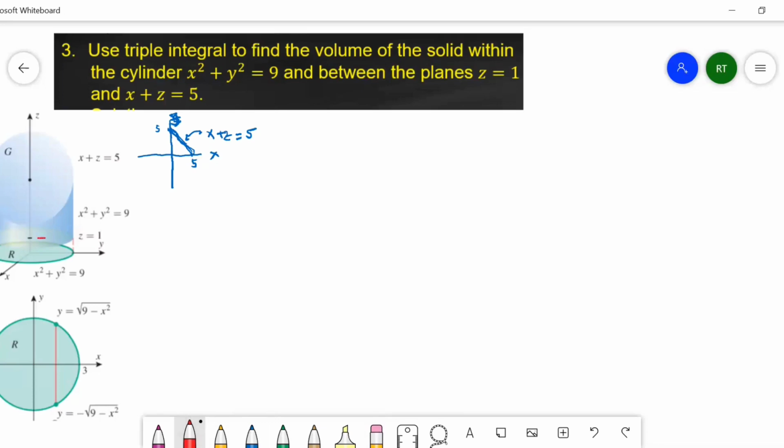So on the lower base, just draw a rectangular box. Okay, this is the rectangular box.